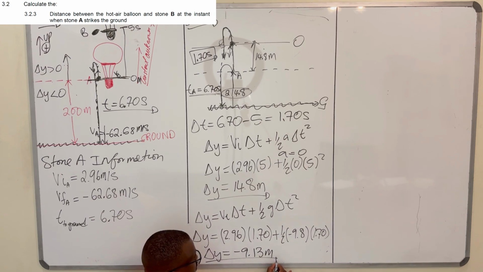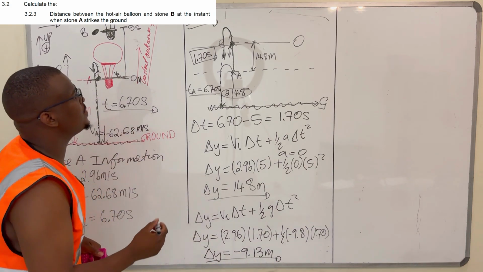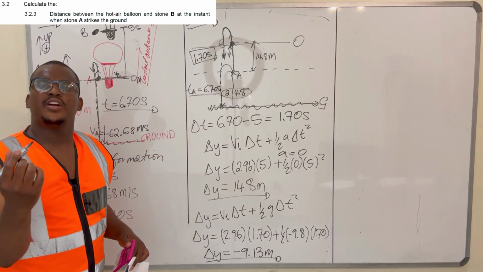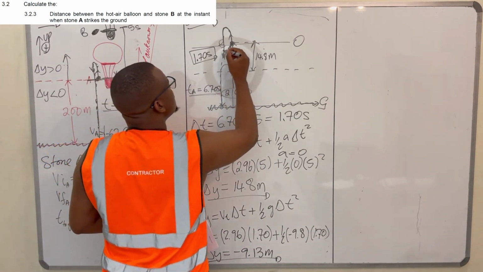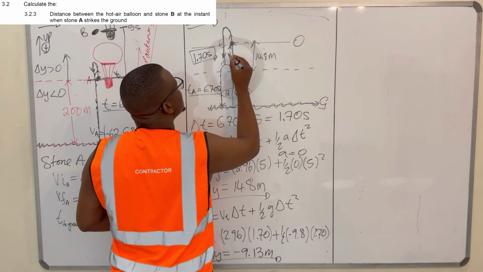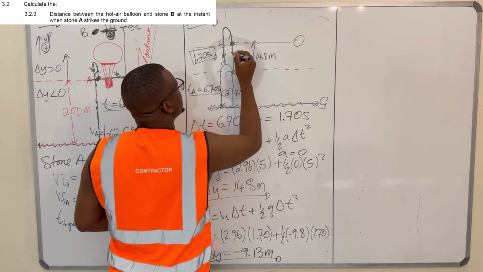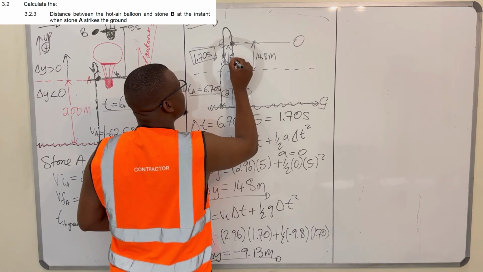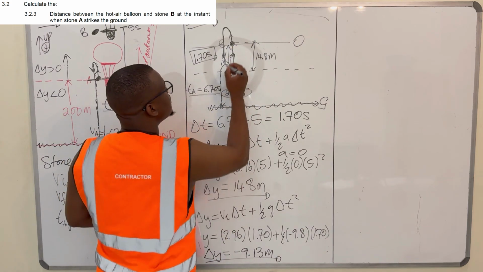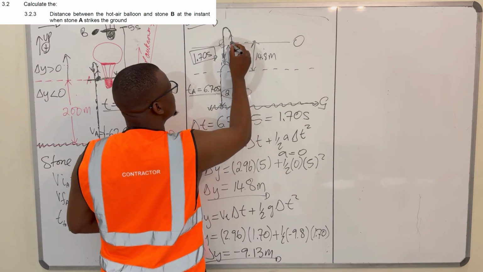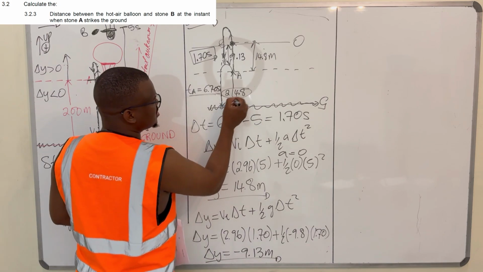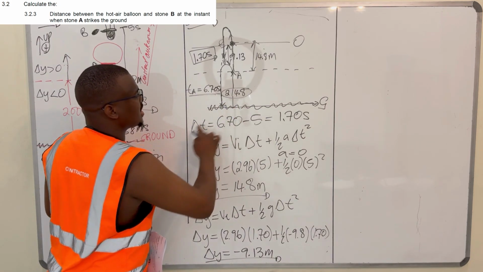It's negative, which means after 1.70 seconds, ball B is 9.13 meters below this point. It has not even reached that point.